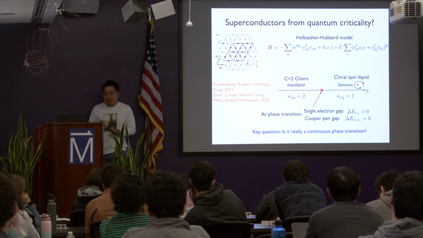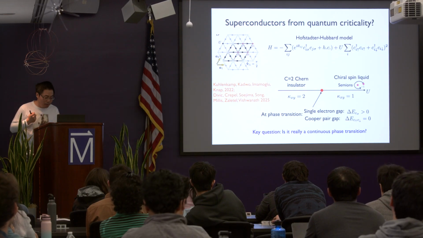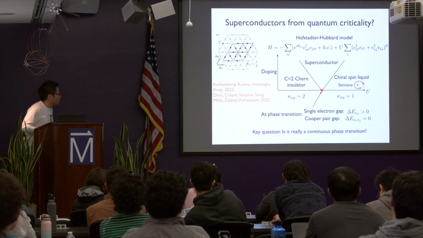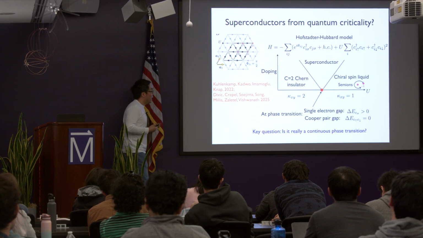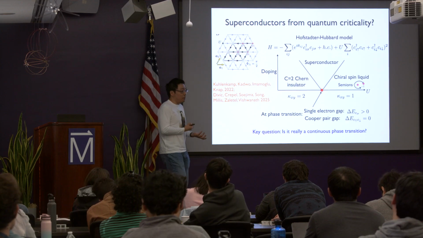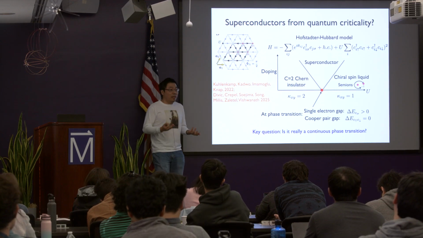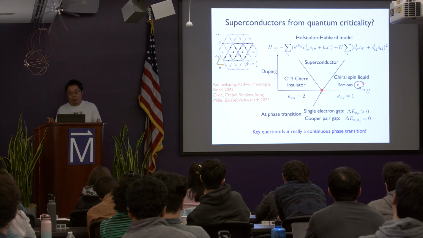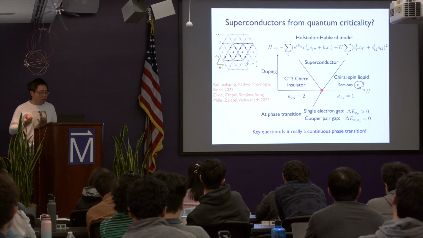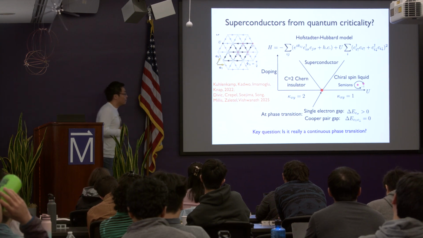So now, as a simple-minded person like myself, I would naively expect that if you dope fermions, because the single electron gap is finite but the Cooper pair gap is 0, then the fermions will of course form Cooper pairs, and then they will form a superconductor.